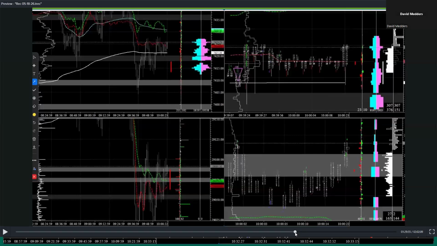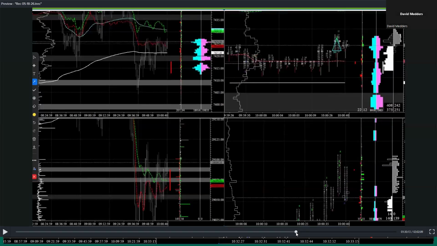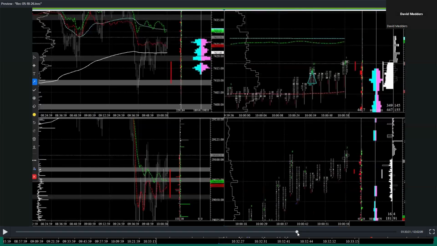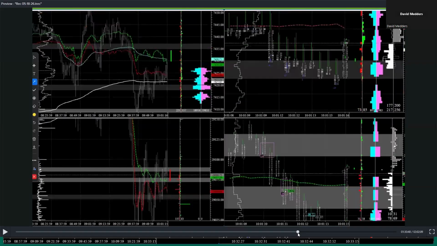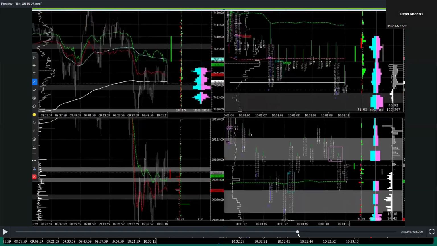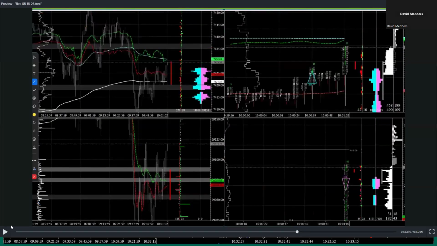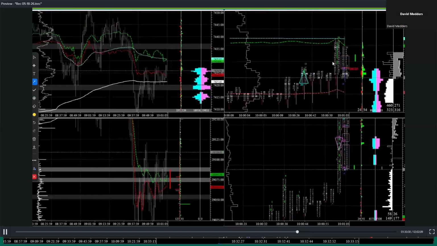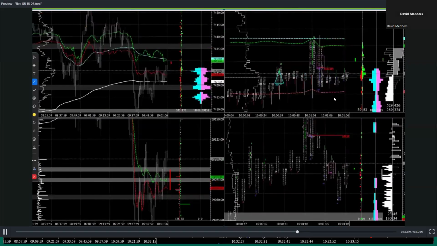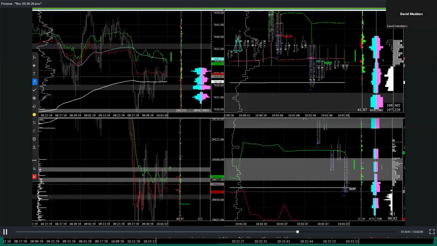Let me back up a little bit. So we're going sideways, and then just look at the chart in the upper right. We get a jump, boom, right there, okay? It happens quick. You get this jump, and then right in here, when you jump down, let me pause it.